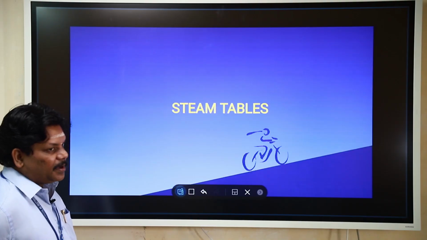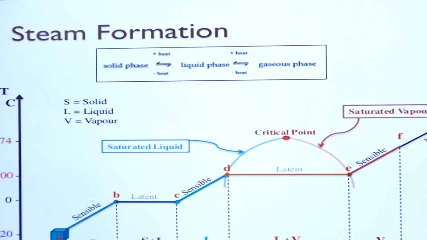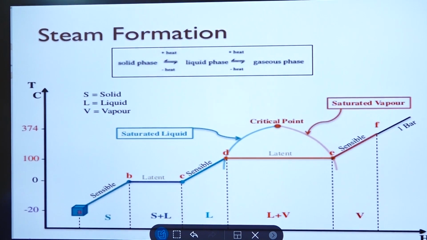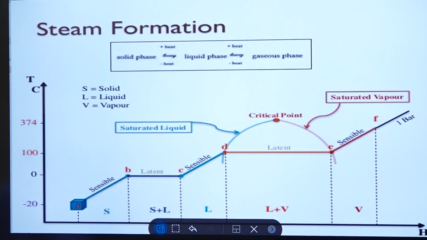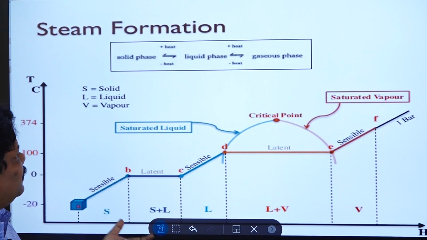When you go for power engineering, we have to know about steam tables, steam formation, and the Mollier chart, and what properties we can measure with the help of the Mollier chart. Everything should be known to you. This diagram represents the formation of steam.